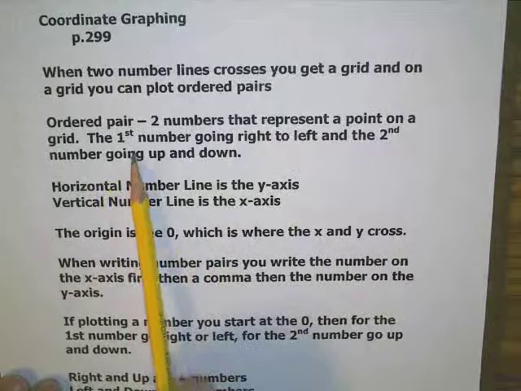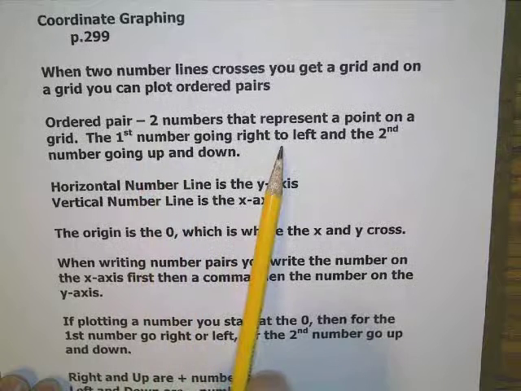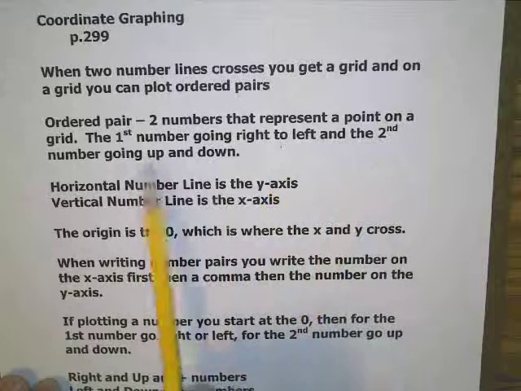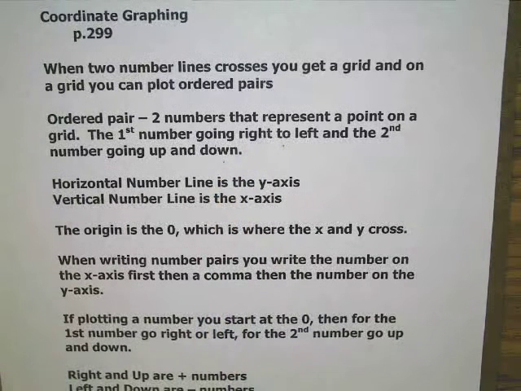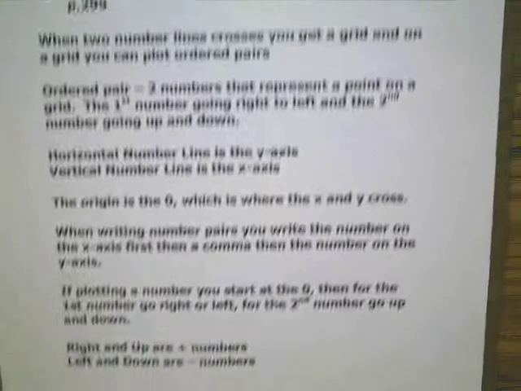The first number either goes right or left. The second number either goes up or down. So if our first number is negative, which way do we go? Right or left? Left. If our second number is negative, Caitlin, what direction do we go? Down.